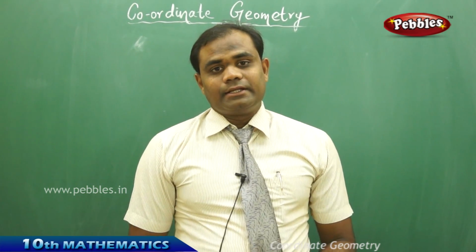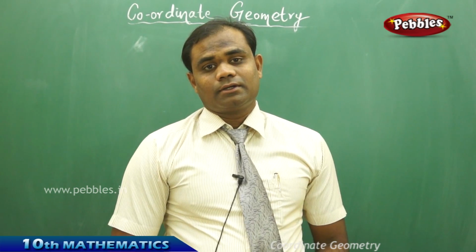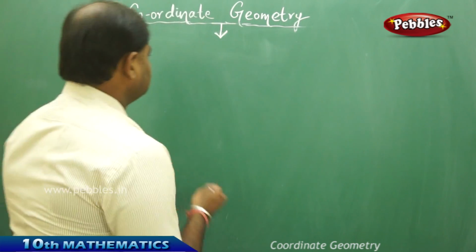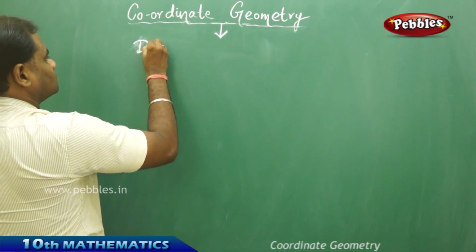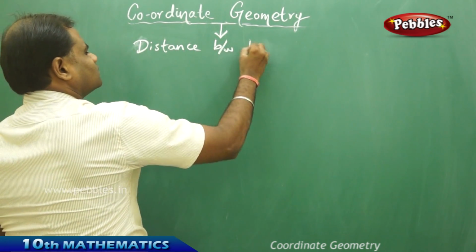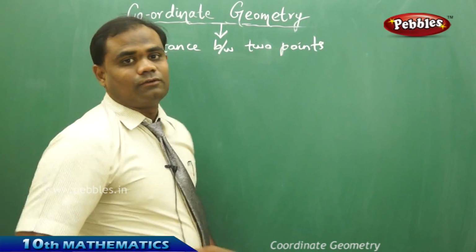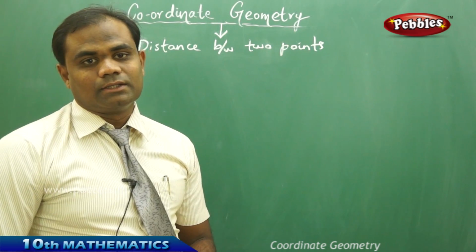Now let's see the distance between 2 points in coordinate geometry, the topic of the session. If I want to find the distance between 2 points, we have a formula through which we are going to do that.